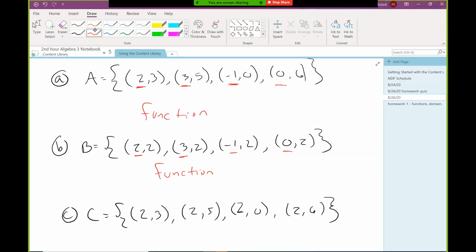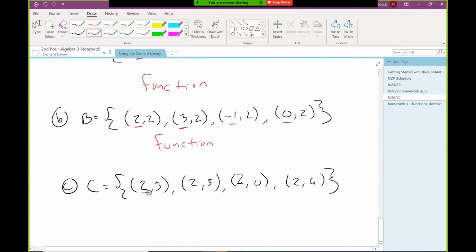All the x's have a partner, check. But if I look, I have x's that are used more than once, right? This is saying that we have this one x value, x equals 2, goes to 4 different y values. This is not a function.